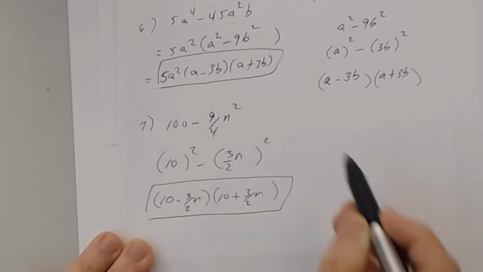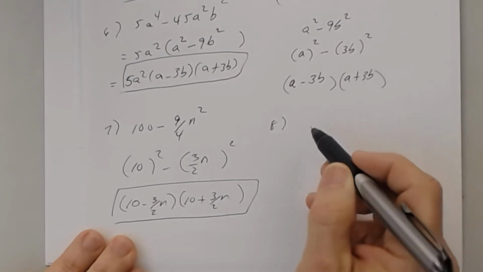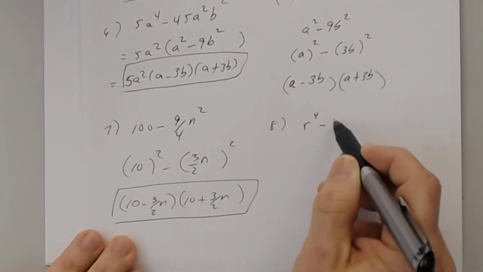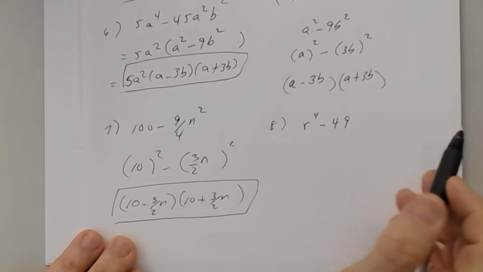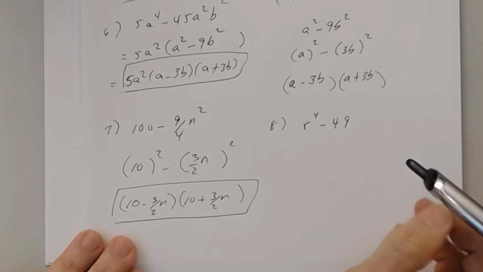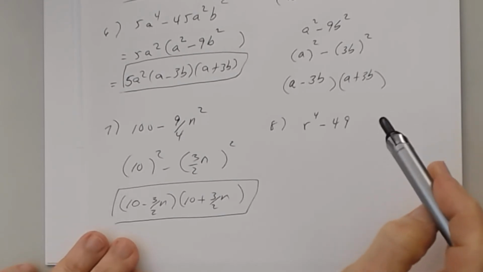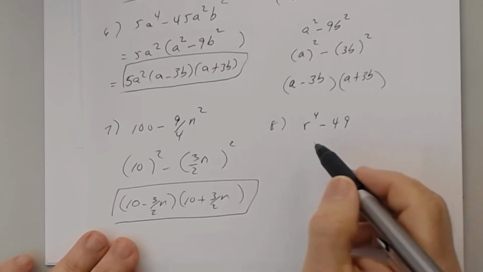Okay. And then number 8. We have r to the 4th minus 49. Now, let's check.